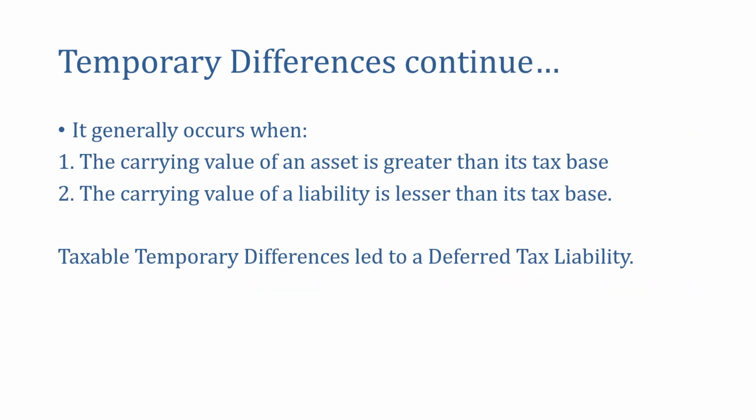It generally occurs when the carrying value of an asset is greater than its tax base, or when the carrying value of a liability is lesser than its tax base. Taxable temporary differences lead to a deferred tax liability.